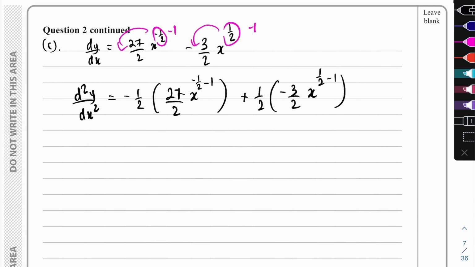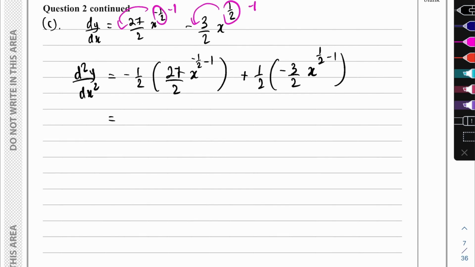Now let's simplify this. The minus stays where it is, the minus over here stays where it is. Minus half times 27 over 2 is minus 27 over 4. x to the power of minus half, take away 1 is minus 3 over 2. Then we have half times negative 3 over 2, so that's minus 3 over 4. x to the power of a half minus 1, so that's what? That's a minus half.